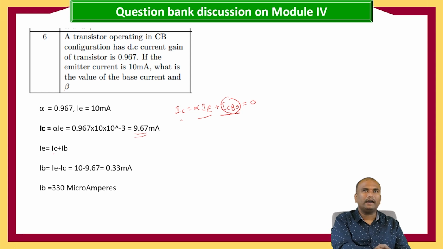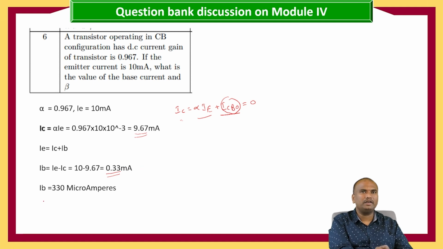So IE is equal to IC plus IB, where IB is equal to IE minus IC. That is equal to 10 minus 9.67, which is equal to 0.33 milliamperes.